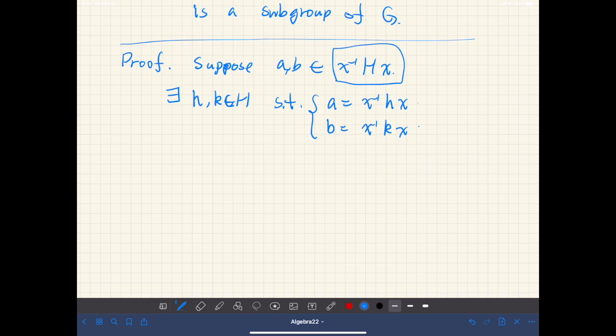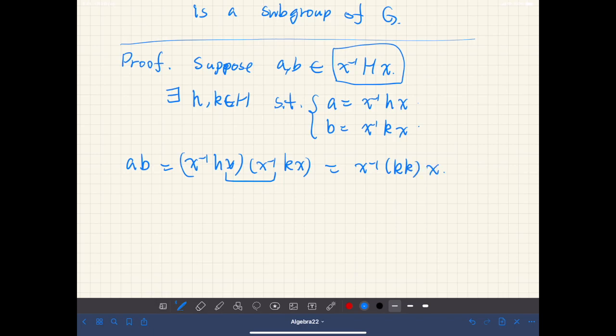Okay, now A times B is equal to X inverse HX times X inverse KX. And using associativity, these will cancel. So X inverse HKX.